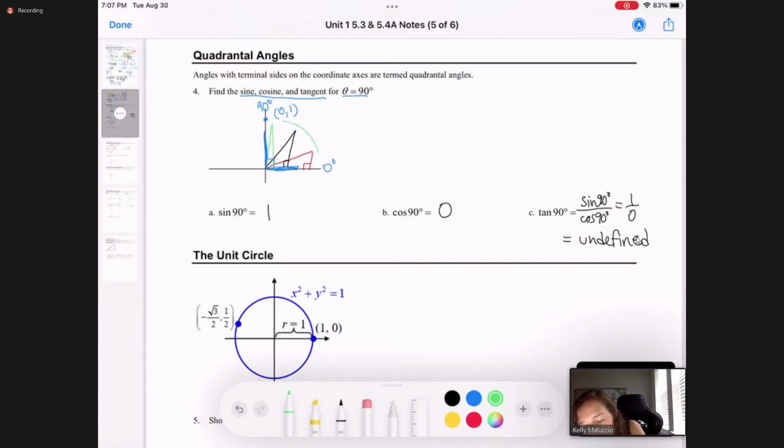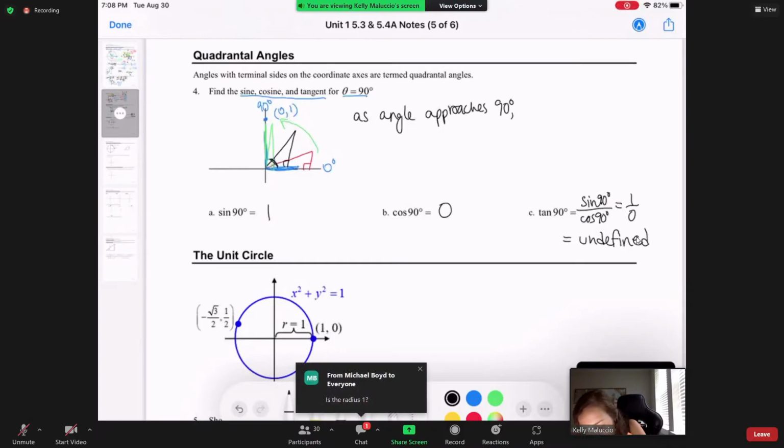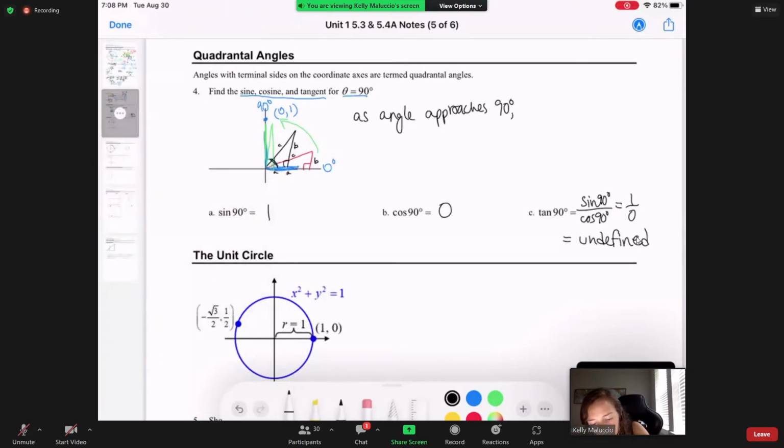As the angle here approaches 90 degrees, say the sides are A, B, C. The side that we're calling B gets closer to C, because C is my hypotenuse, right? C is here, B is this one.